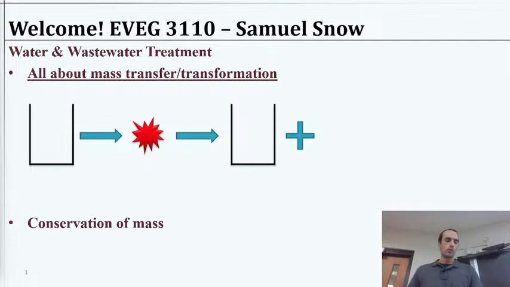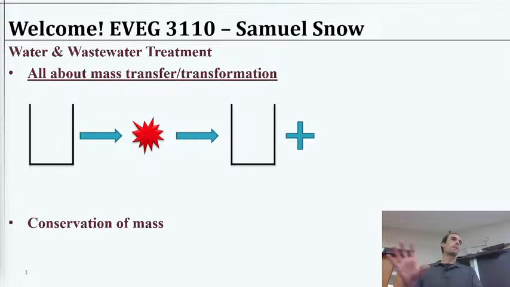Okay, so EVEG 3110. This is water and wastewater treatment. Is kind of the topic, right? My plan for today is to go through the syllabus, kind of get on the same page with that, go through a bit of an activity to get to know you, show you what some of our participation events might look like, maybe have a couple laughs here and there with all that.